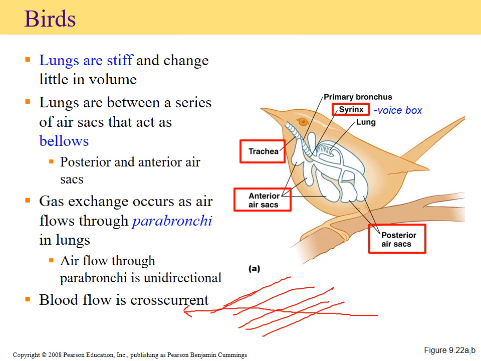So the blood flow moves more in a diagonal pattern, and it is a very effective way to, in essence, drag the oxygen out of the airstream and then add the carbon dioxide from the circulatory system.